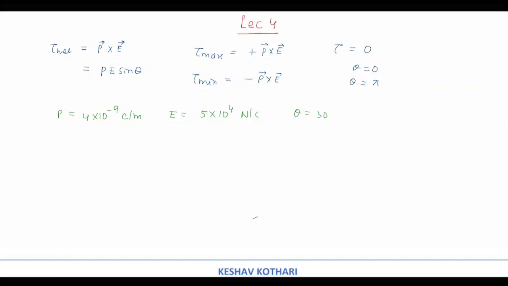So the external torque can be written as PE sine theta, and the value is 4 into 10 to the power minus 9 into 5 into 10 to the power 4 into sine 30, that is half. So if we calculate the value of external torque, we will obtain 10 to the power minus 4 Newton meter.